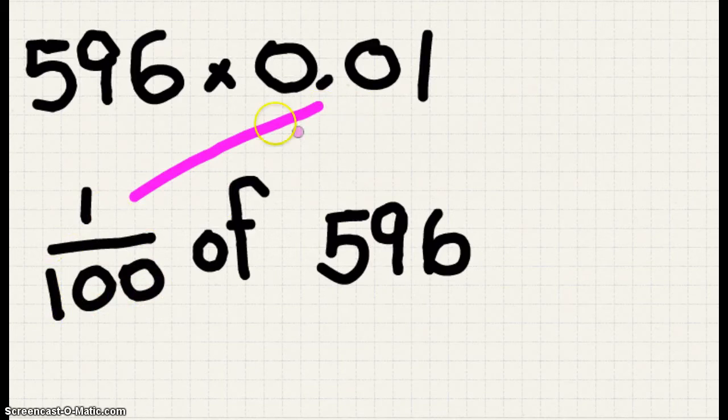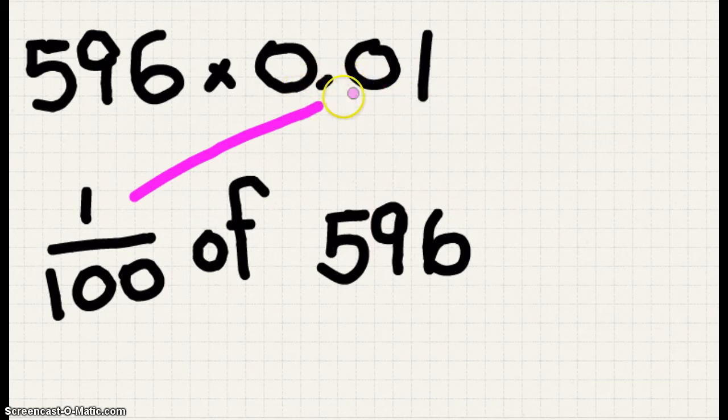And 0.01 or hundredth actually represents the same thing, because how many hundredths do you need to make 1? Well, the answer is you need 100 hundredths to make 1, right? So a hundredth is 1 out of those 100 parts you need to make 1.